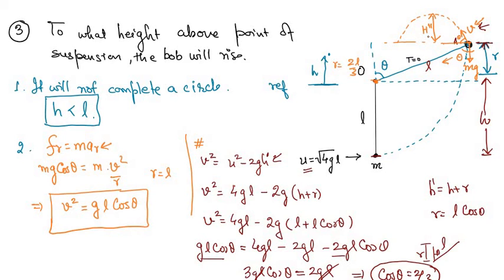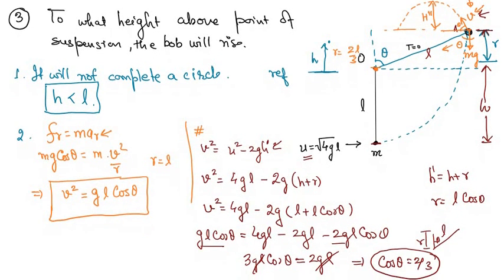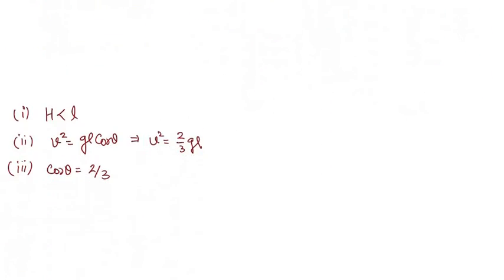That h double prime is the maximum height of that projectile, and you know the formula for the maximum height of a projectile. So use u and theta, and let's see what that comes out to be.